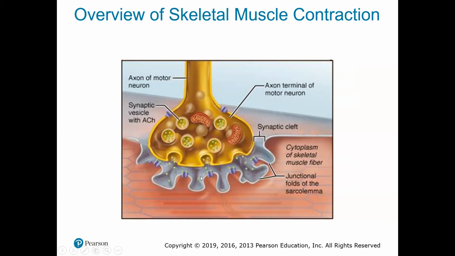This whole thing is the neuromuscular junction. It's not a direct connection. They're not hardwired. They're indirectly connected. These little yellow dots here represent the acetylcholine being released into the synaptic cleft, allowing it to drift over to the motor end plate.